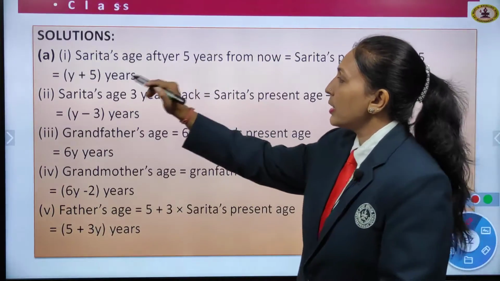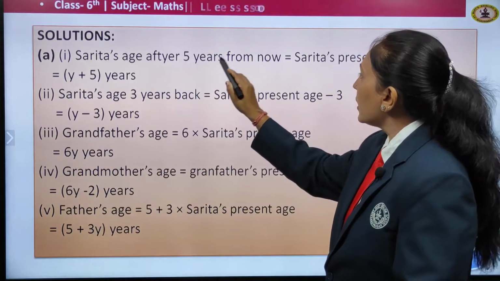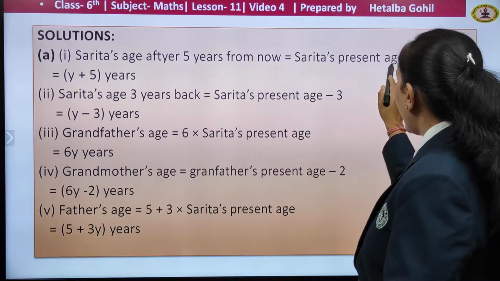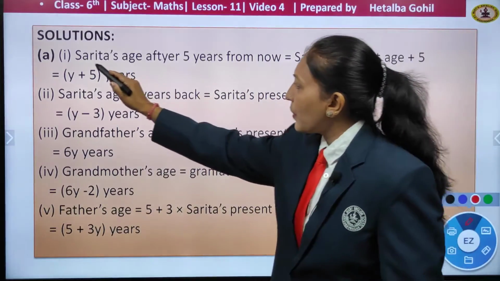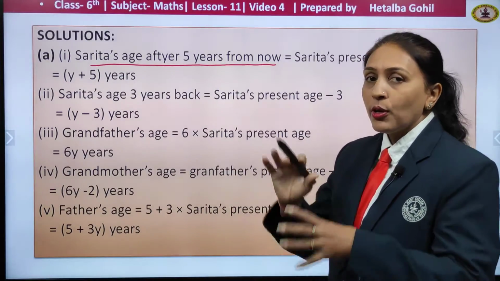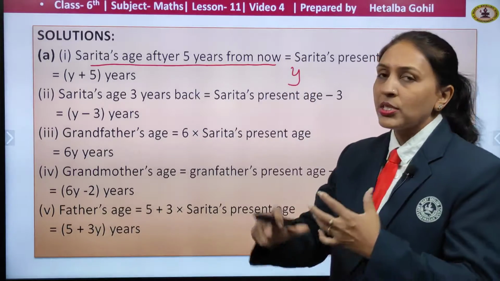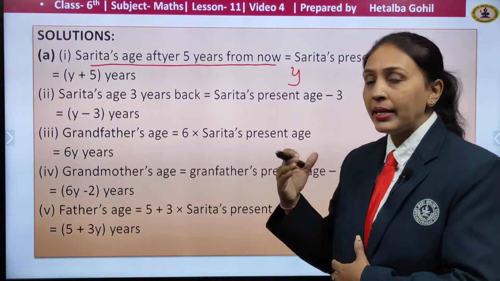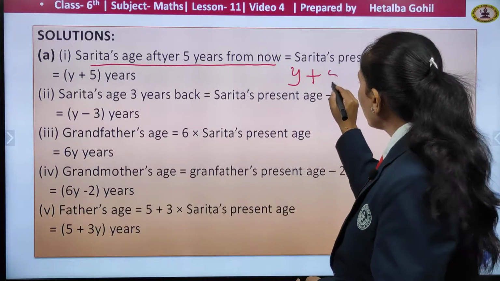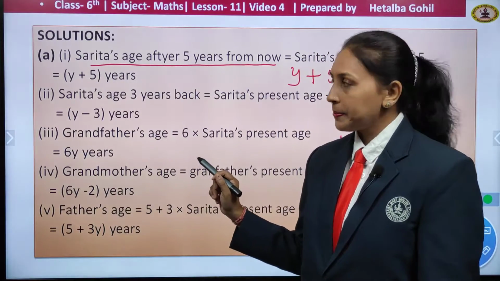The first condition given to us: Sarita's age after 5 years from now equals Sarita's present age plus 5. So what will be Sarita's age after 5 years from now? If her present age is y, after 5 years she will get older, that means plus 5. So the expression is y plus 5 years.